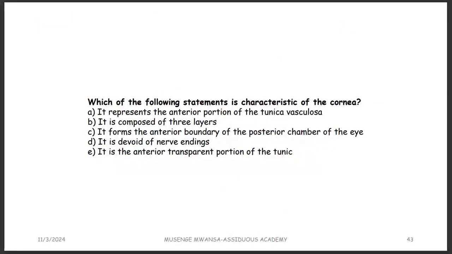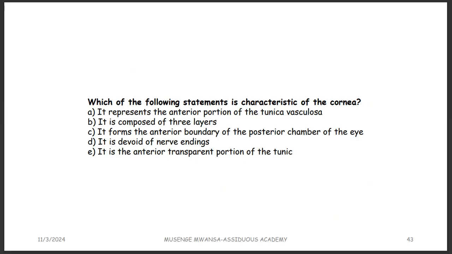Just something else that we might be interested in knowing about the cornea. The cornea is of course transparent and it is avascular. It does not have any blood. But for innervation, it is highly innervated.